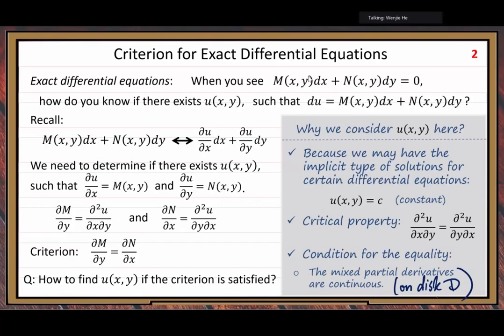Can you do an antiderivative with respect to X to get at least partial information about U? Can you do an antiderivative with respect to Y to get partial information about U? Can you combine those two pieces of partial information to find the final solution for U? We can do it that way.